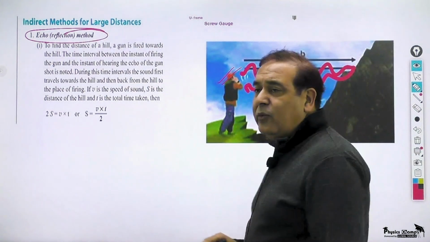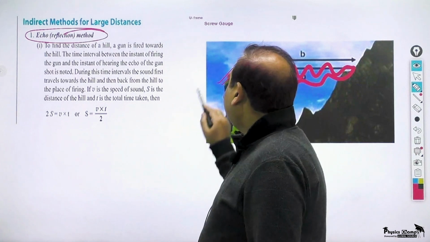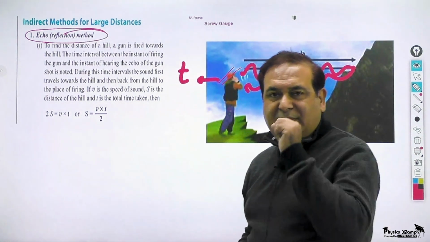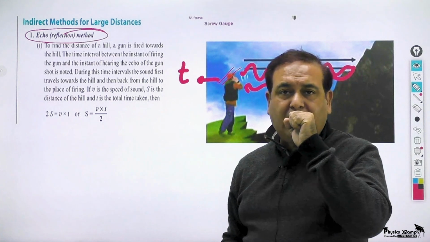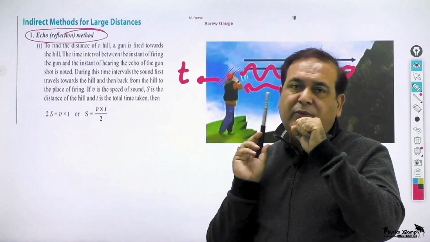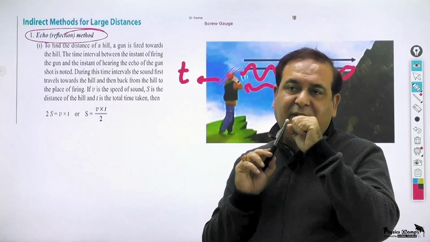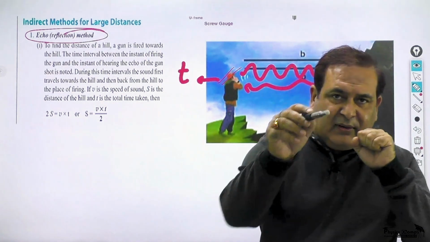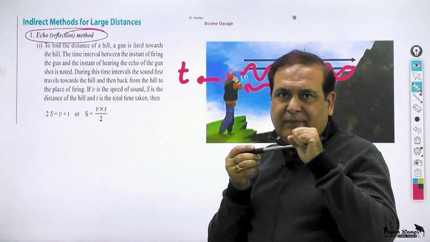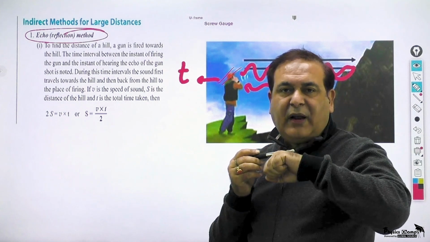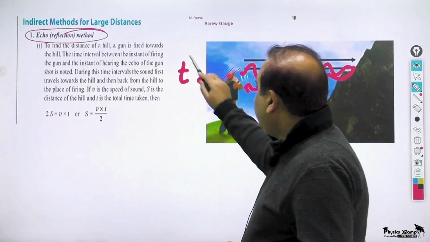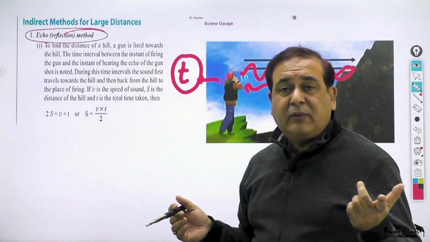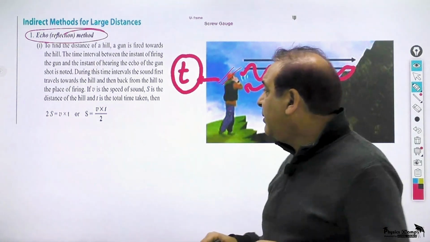And what you need to know is the time gap between producing and receiving, because once you produce sound, the sound produced would directly reach your ear as well as travel forward. And after reflection, the sound comes back. You can just know the time gap. You know the time and you know the speed of sound, 332 meter per second.